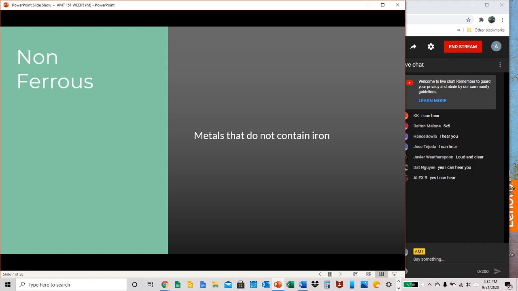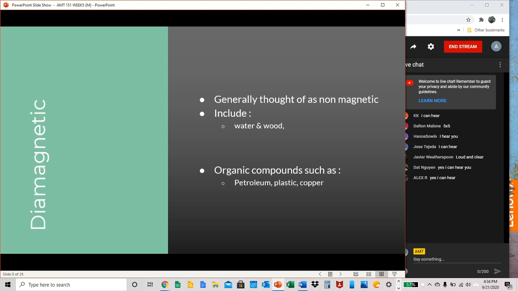Non-ferrous metals. These are metals that do not contain iron. So any metal that does not contain iron is a non-ferrous metal. Diamagnetic. This is generally thought of as a non-magnetic material. This can include things such as water and wood, or other organic compounds such as petroleum, plastic.